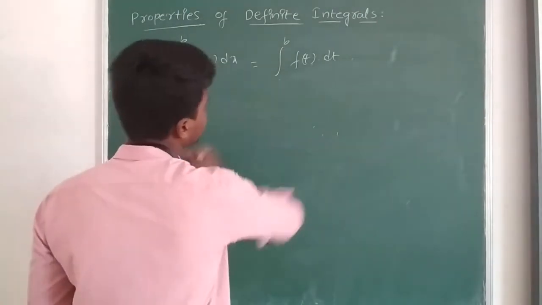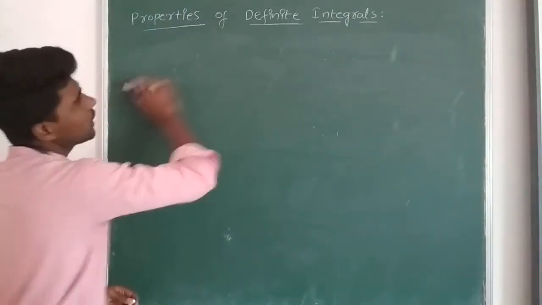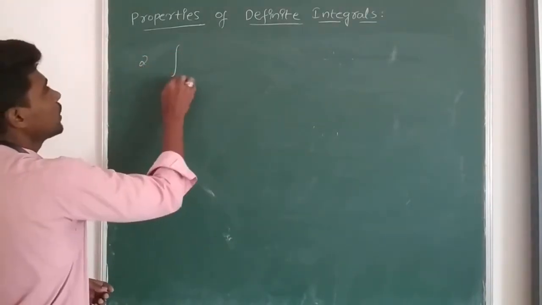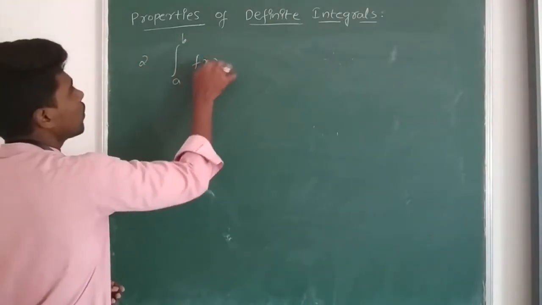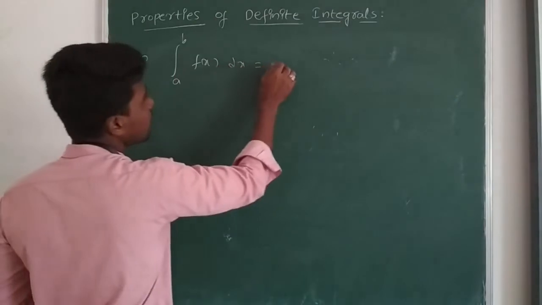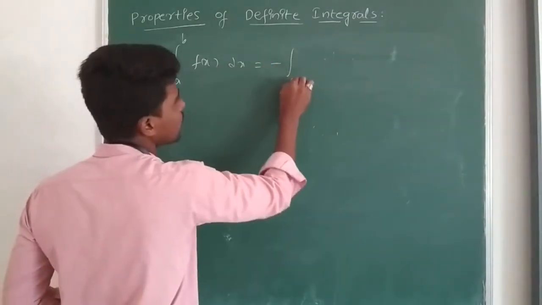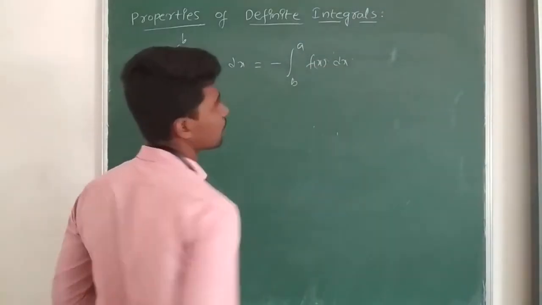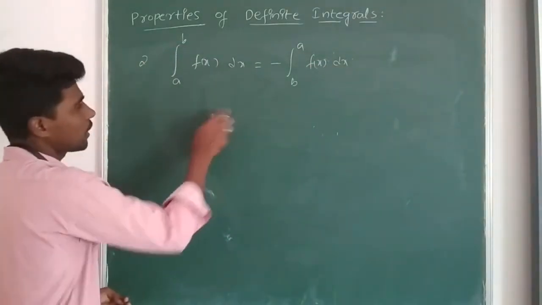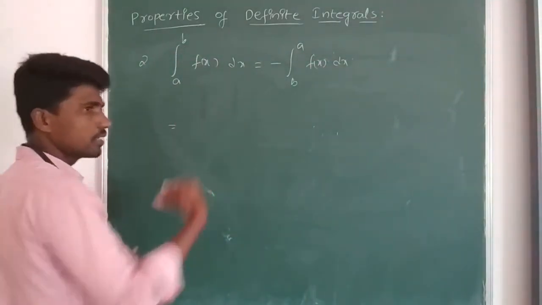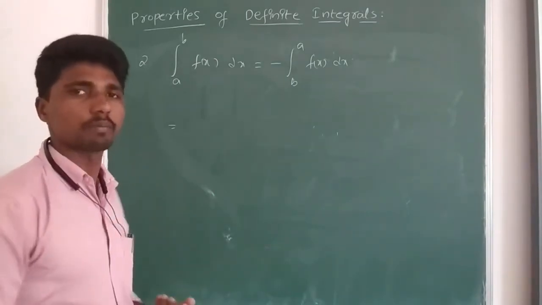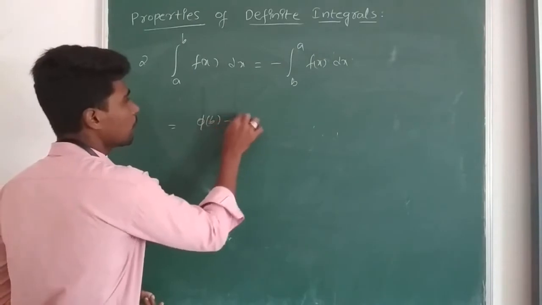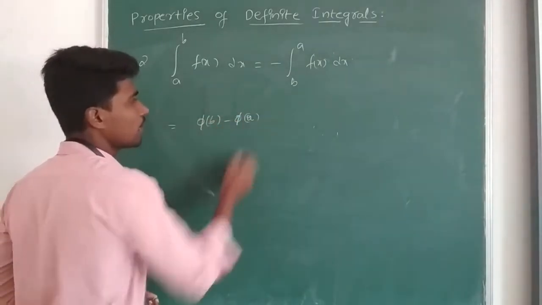And the second one: the integral from a to b of f of x dx can be written as minus the integral from b to a of f of x dx. If I simplify this, the answer is some function phi of x, giving phi of b minus phi of a.